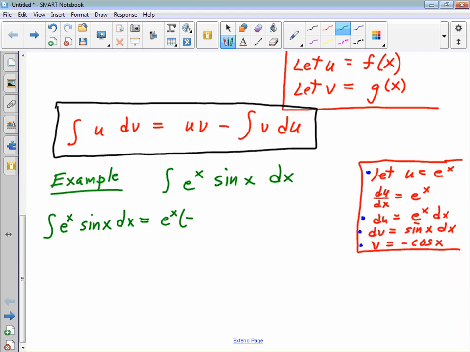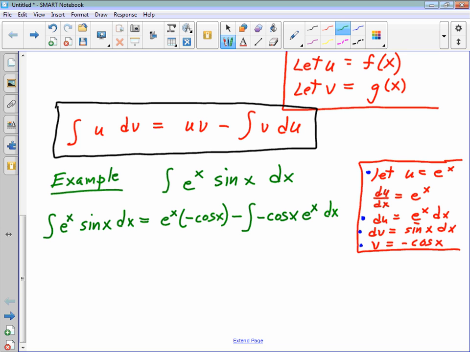I'm going to put this in parentheses so I don't try to subtract. Times opposite of cosine x, minus the integral of v. What was v? Negative cosine x times du, times e to the x dx. See, it's not so bad.